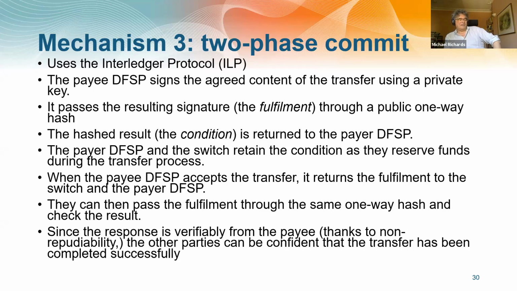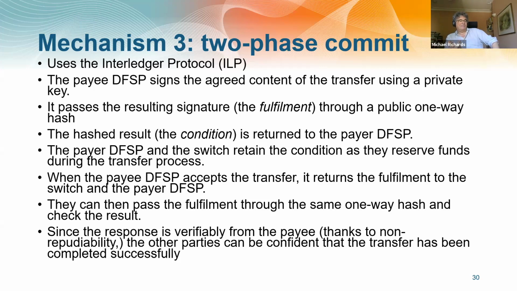When the payee accepts the transfer, it returns the fulfillment, i.e. the signature on the content of the message prior to the one-way hash. And it returns that to the switch and the payer. They can then pass the fulfillment through the same one-way hash and satisfy themselves that that really was sent by the payee.